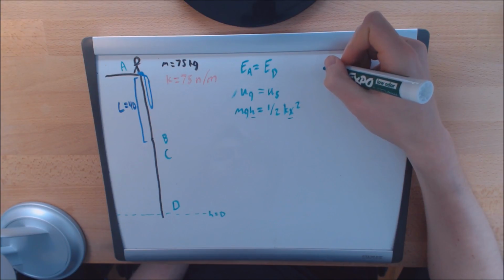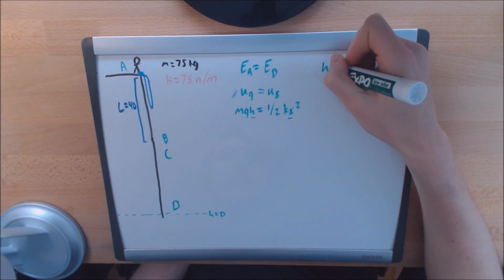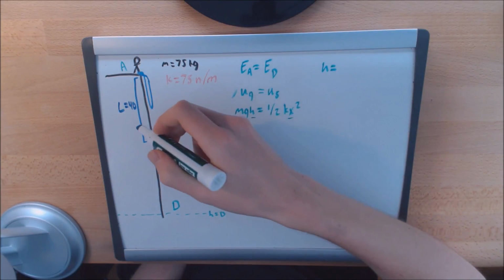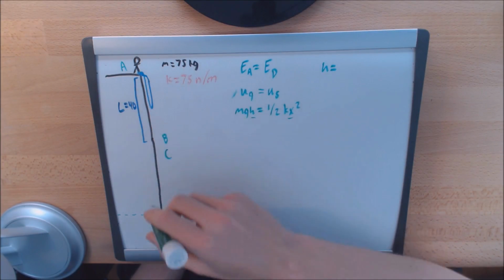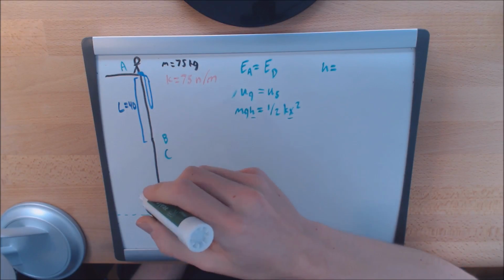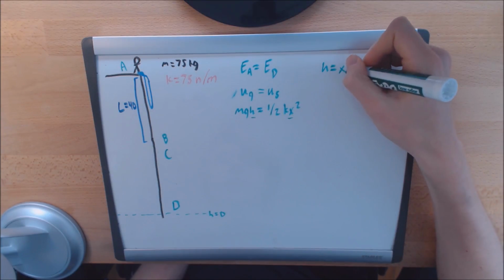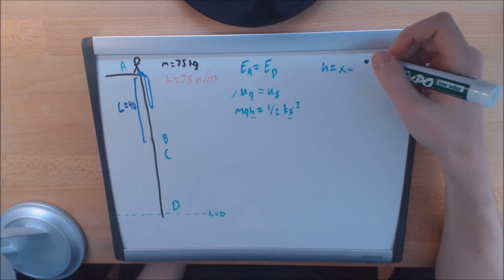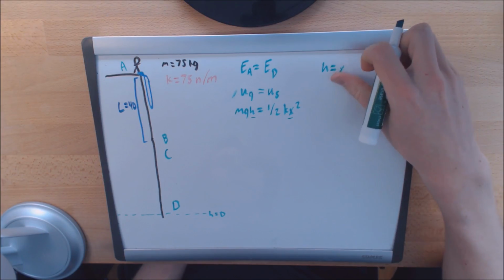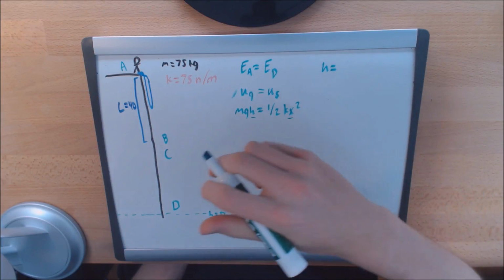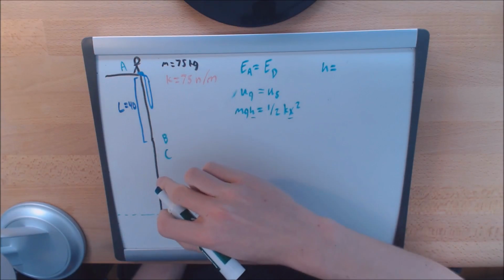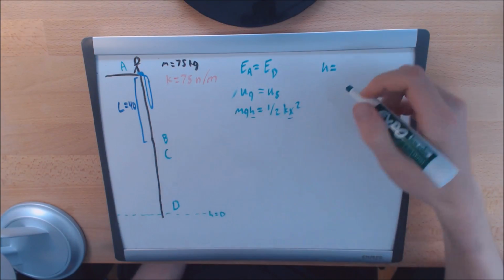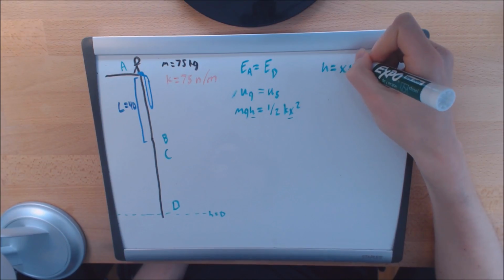So we know that his height is going to be x, the total stretch distance, minus 40. Or actually, his height's going to be the stretch distance plus 40, right? Because he's going to start stretching at B. So it's going to be x plus 40.